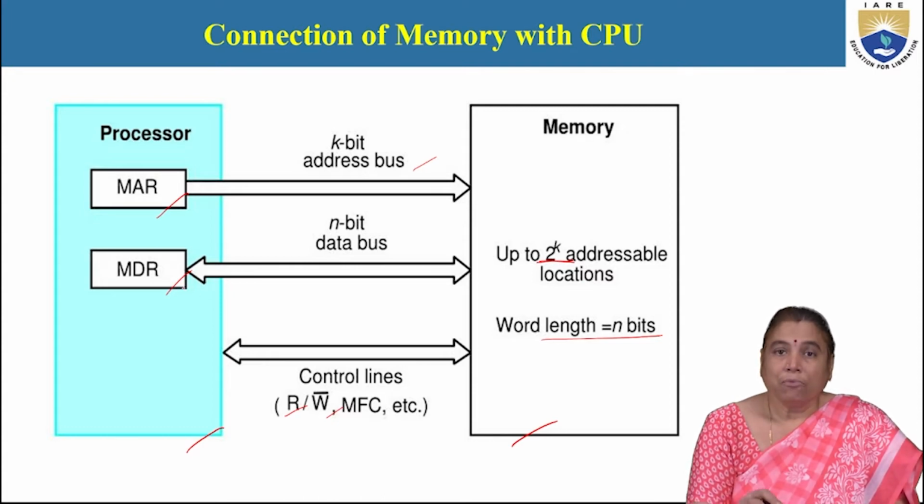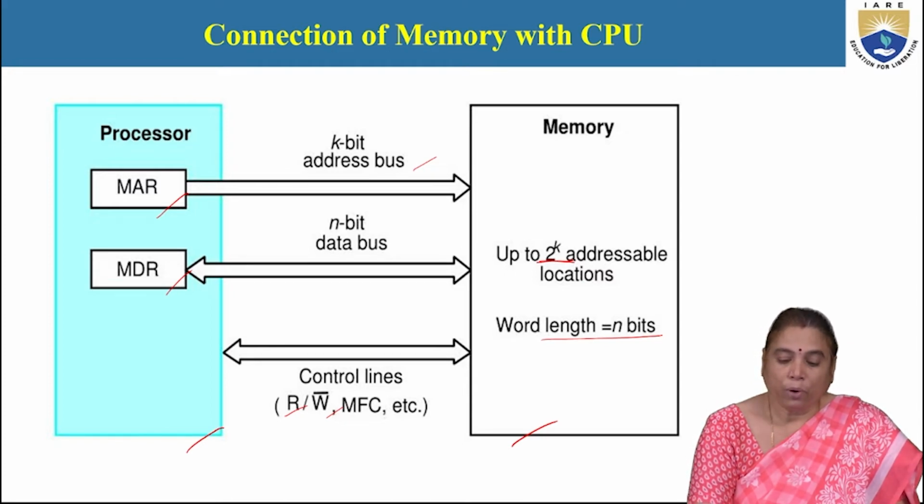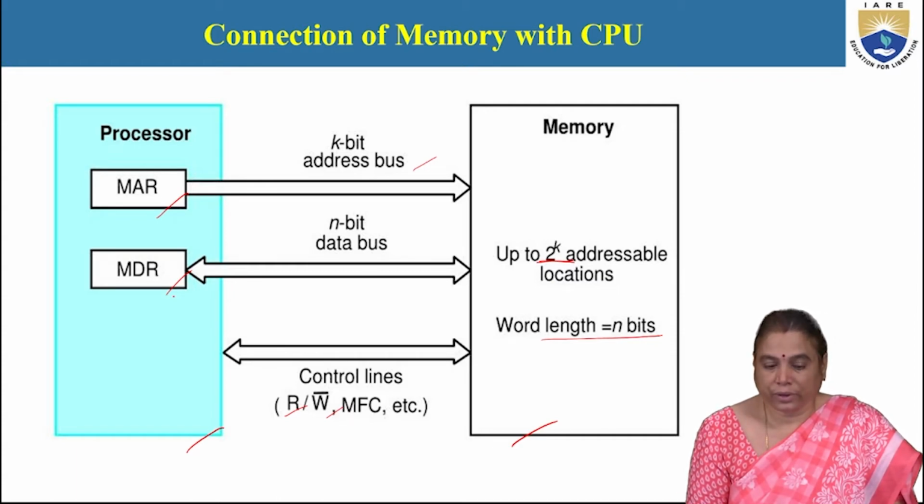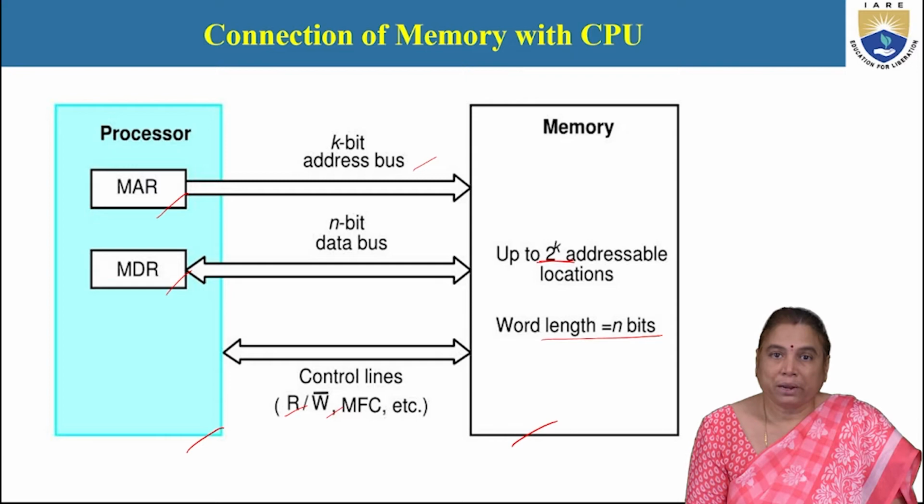So what data is read from or written to the memory is held by the MDR, that is the memory data register. So in the processor, two registers, MAR and MDR, are used. MAR holds the address of the memory location where the read or write operation is performed.